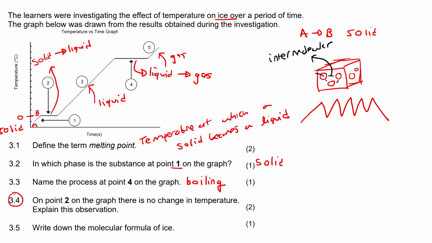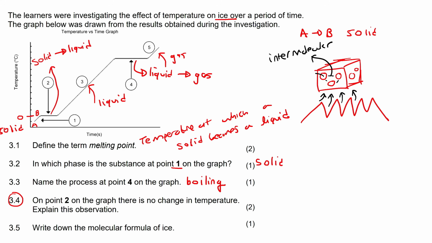So even though more energy is coming in from the external, we're adding in more energy, the molecules are not going to be moving faster and faster and faster in this process over here. The energy that is coming in from the outside is used to now move the molecules away from each other and start turning them into a liquid.